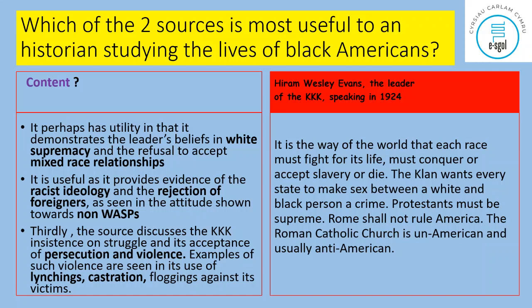This is supported by the examples such as the lynching of victims, castration, floggings against its victims. You might say that there are other groups who they targeted. But as you can see, the question is focusing on the lives of Black Americans here. So in that case, I've discussed the content and how we expand on the content.